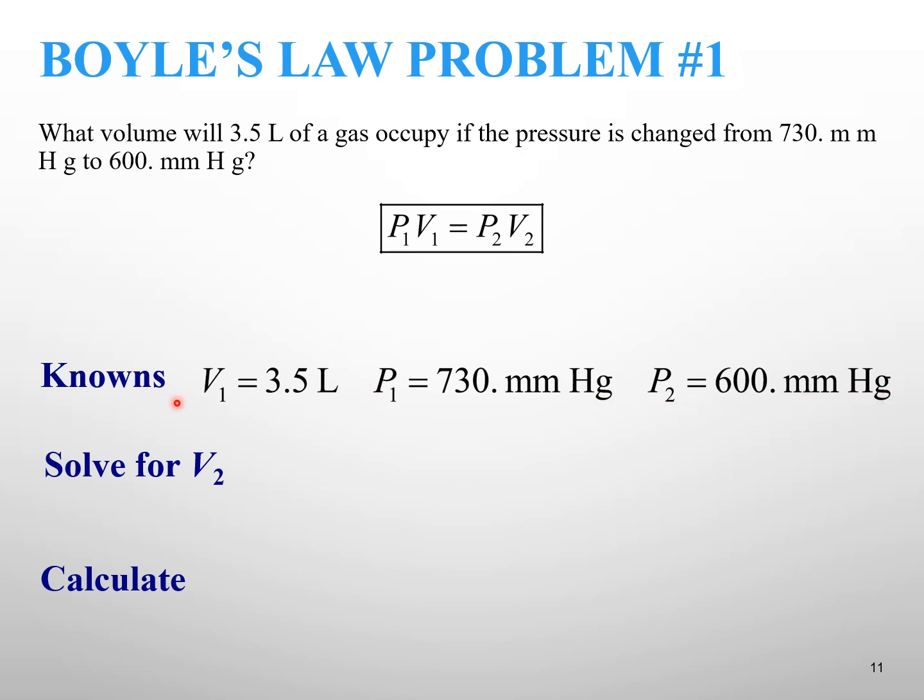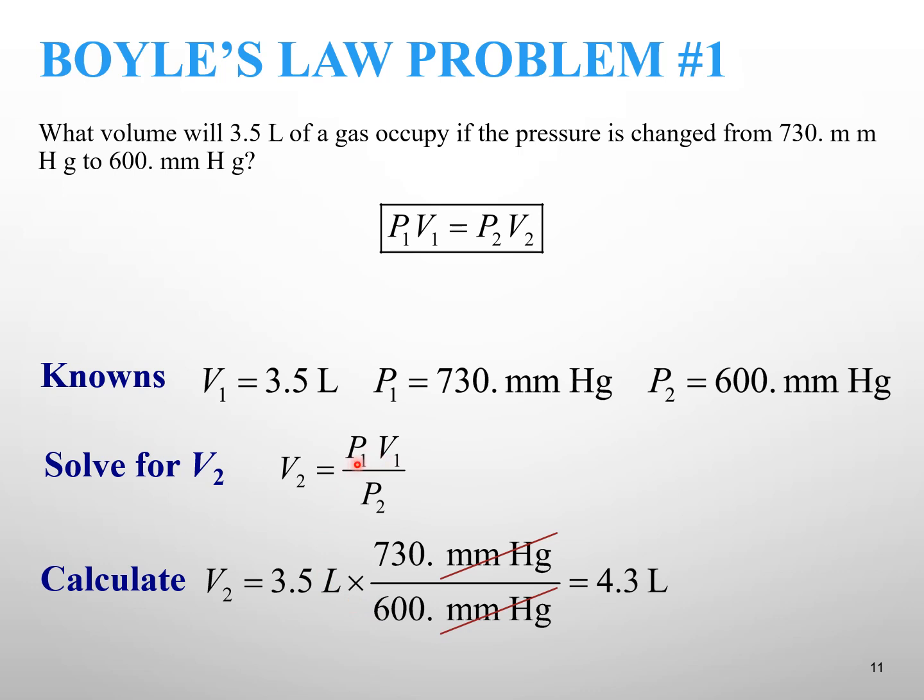What's the new volume? So we're missing V2 here. We have P1, V1, and P2. We are missing V2, so we've got to solve for V2. You just rearrange it, or you can fill in the numbers. You can see that 3.5 goes here, 730 goes here, 600 will go here. So once you fill in the blanks, you can solve for what V2 is.